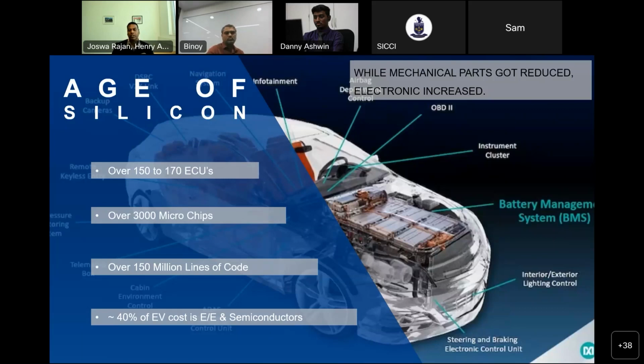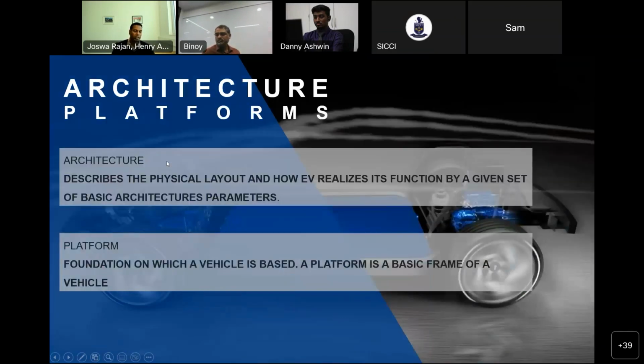Now, how these electronics are arranged and organized is where the topic of architecture and platforms comes in. Just to set the stage, I want to introduce two words: architecture and platform. An architecture describes the physical layout and how the EV realizes its function.